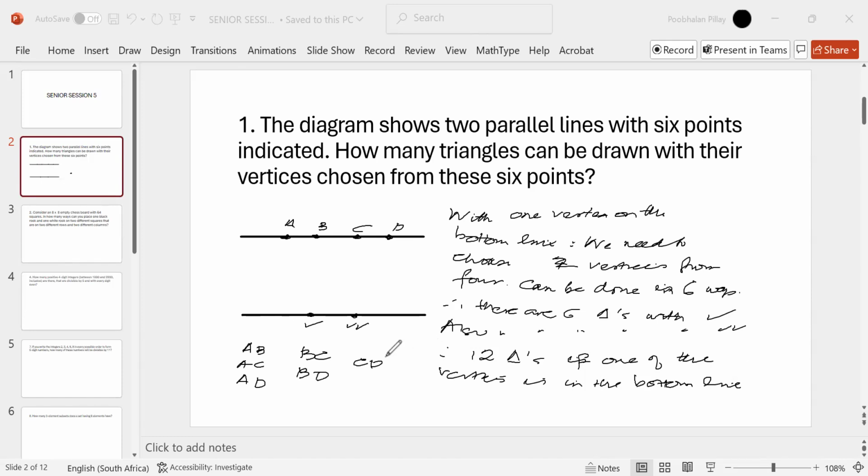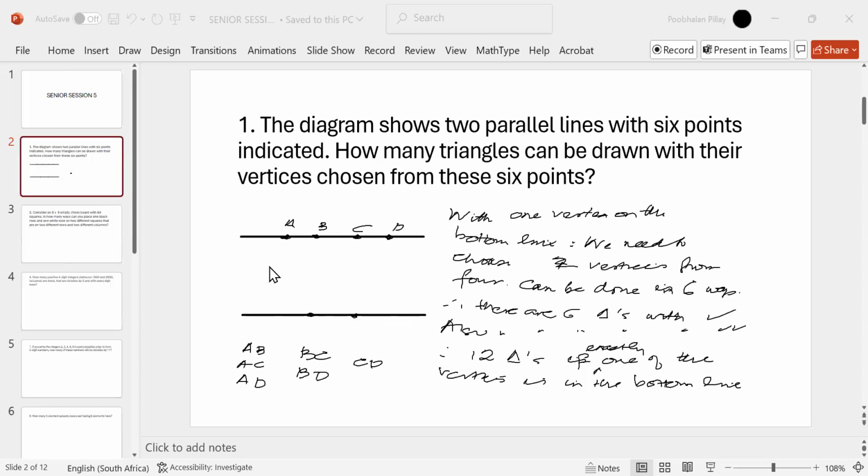But then you can possibly have, instead of just only one, if exactly one, right? If exactly one of the vertices is there, you're going to have 12 triangles. But suppose now you've got both vertices chosen.